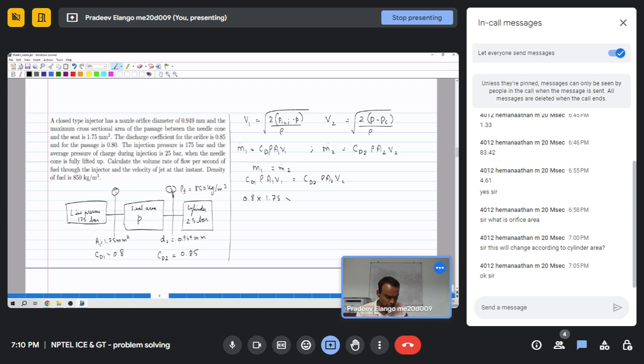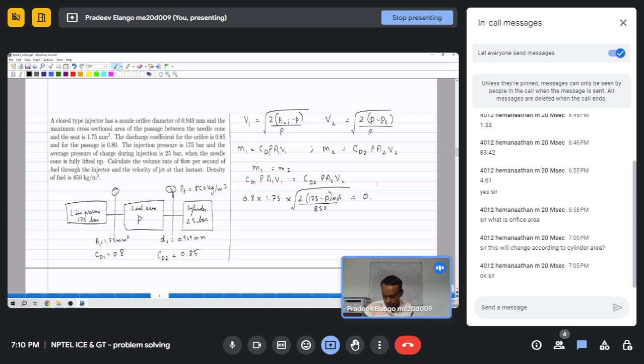And velocity is root of 2 into 175 minus P divided by density, so this should be in Pascal, so I'm converting bar to Pascal by multiplying by 10 to the power 5, and density is 850.